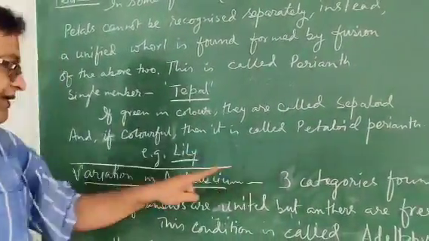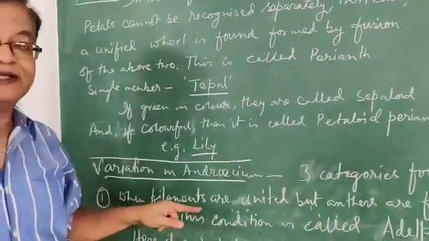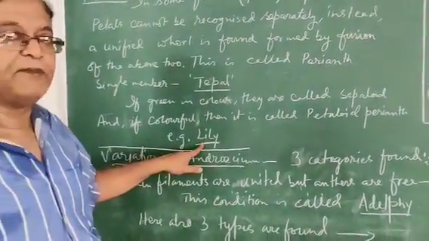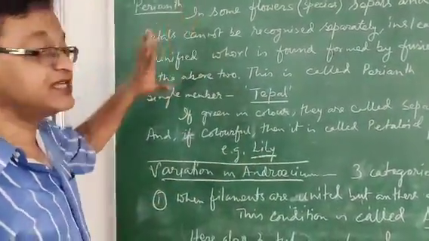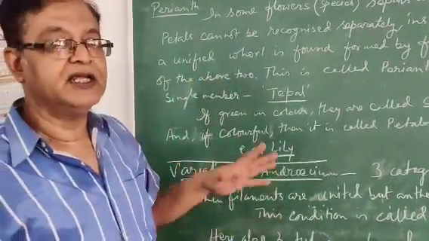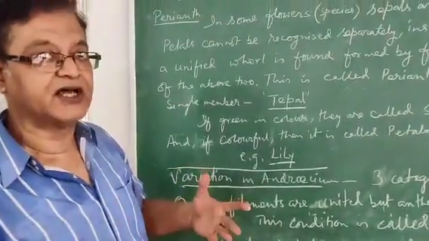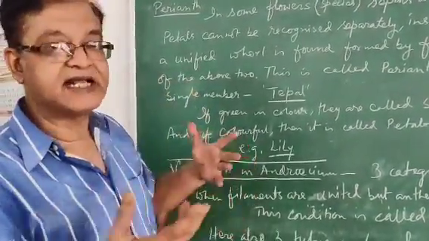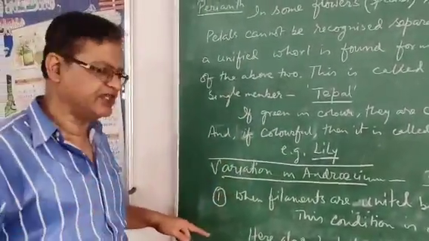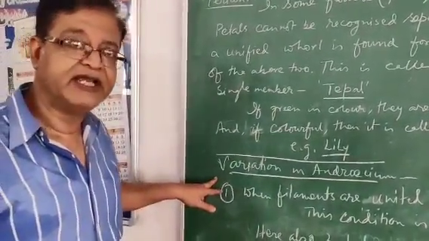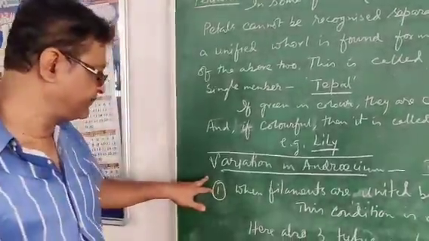So two types are available. The best example of perianth is lily. It is actually petaloid perianth, which looks like petals. So this is perianth, which is coming from a modification of the calyx and corolla. Next, we are going on to variation of androecium.